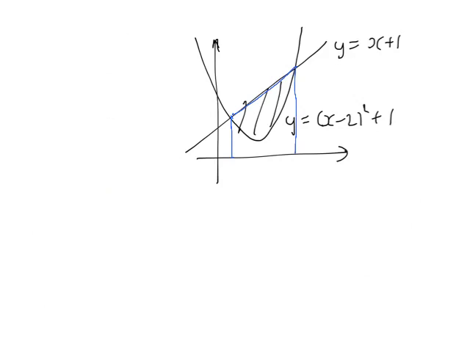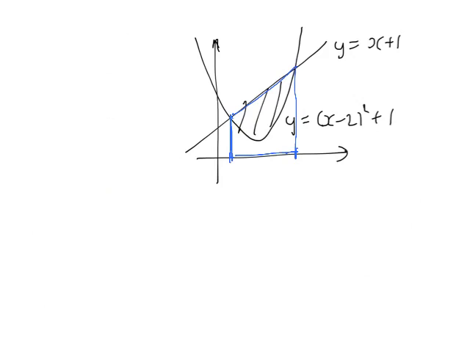And we need to find out our coordinates here, where this line that's perpendicular to the x-axis crosses the x-axis. So what we need to do is find out where this line and this curve intersect.